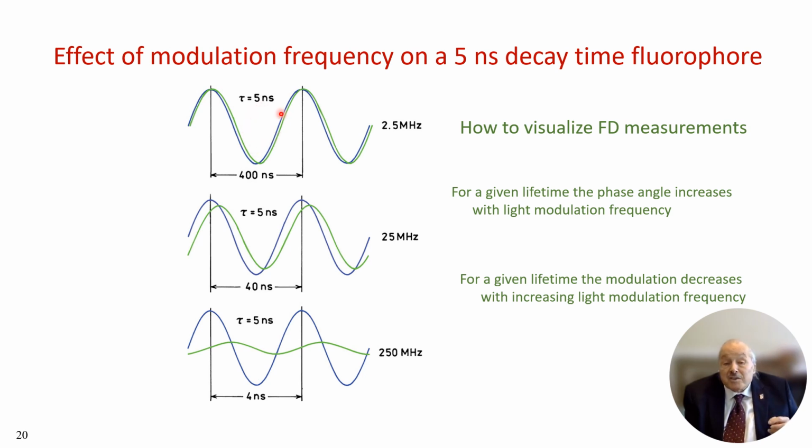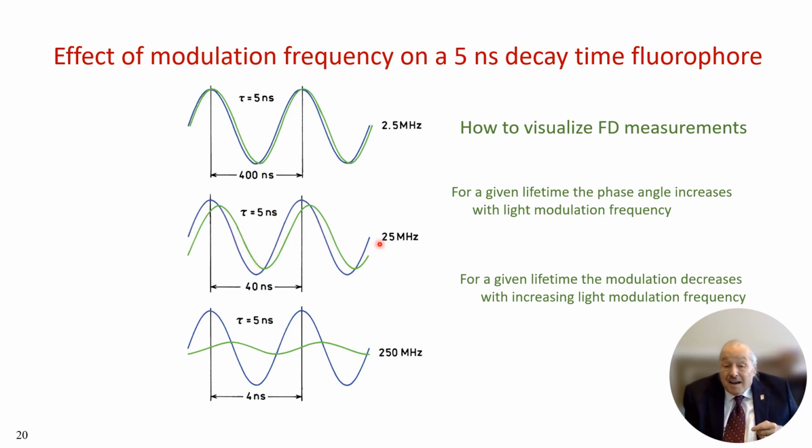Let's assume our modulation frequency was 2.5 megahertz. That means peak to peak is 400 nanoseconds. It's pretty clear that 5 nanoseconds is much less than that. It's not going to contribute much to the phase angle because it's simply following the excitation beam.